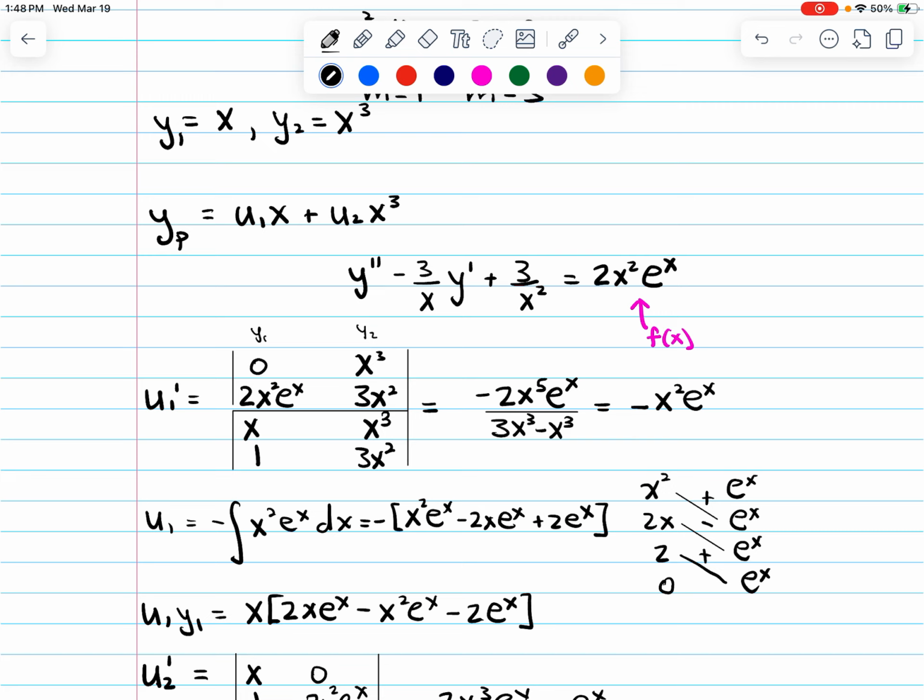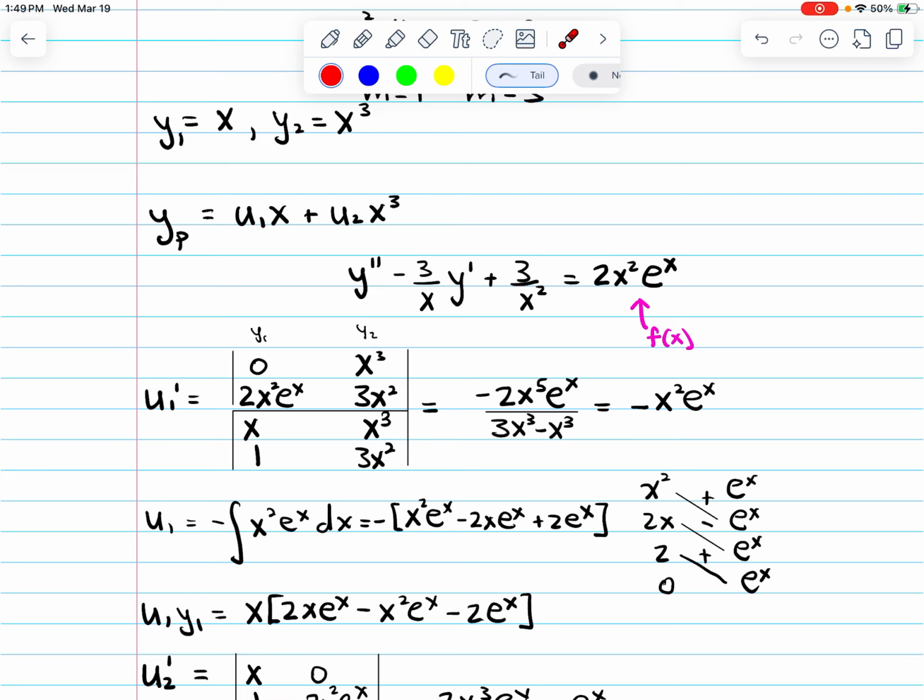So now notice, I'm solving for u1 prime, and I've derived this in the past, so you can go back and see where these came from. But notice I put a 0 and 2x squared e to the x in the first column, because I've got y1 and it is associated with u1.